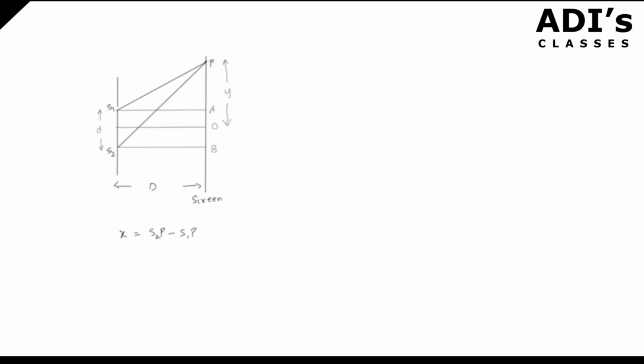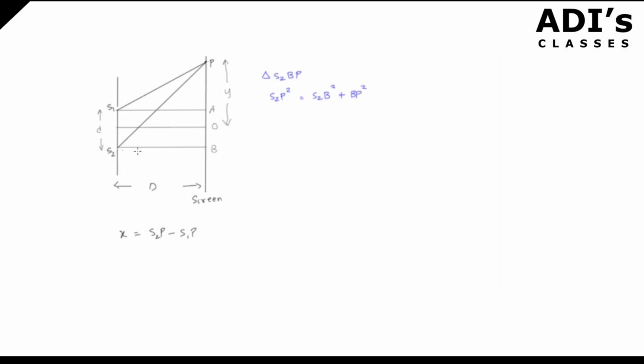This is the diagram, which is very important. Now the path difference is S2P minus S1P, correct? So we have x equal to the path difference S2P minus S1P. We have to look at this part.